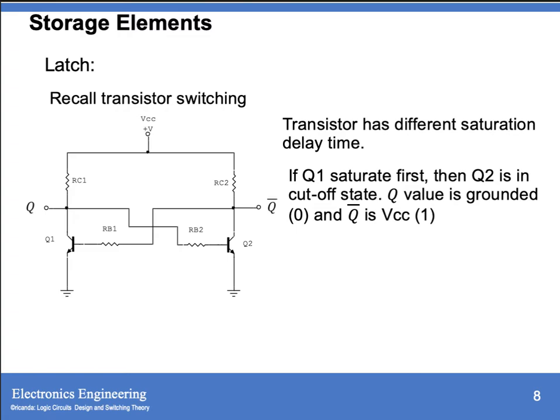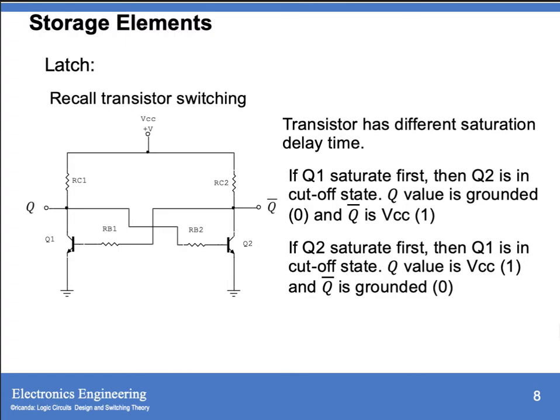If Q1 saturates, the voltage from collector to emitter, so this one going to your emitter, is almost equivalent to 0. So the supply to the base of transistor 2 is almost equivalent to 0. That's why your transistor 2 is in cutoff state. Then the value of your Q is grounded because your transistor 1 is in saturation, so it is equivalent to 0, and your Q bar is equivalent to VCC because it is cut off.